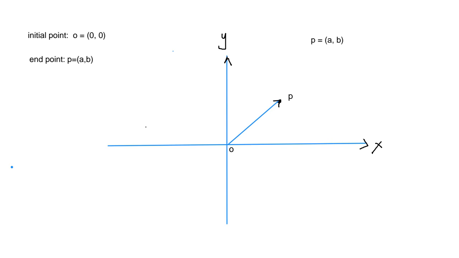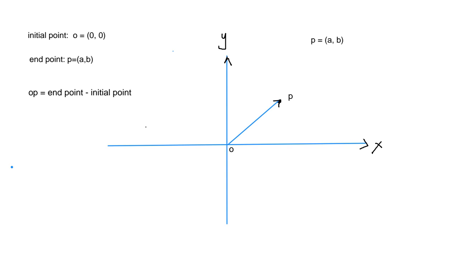I have OP equals the endpoint subtract the initial point, respectively, with X subtract X, Y subtract Y. So endpoint subtract initial point.